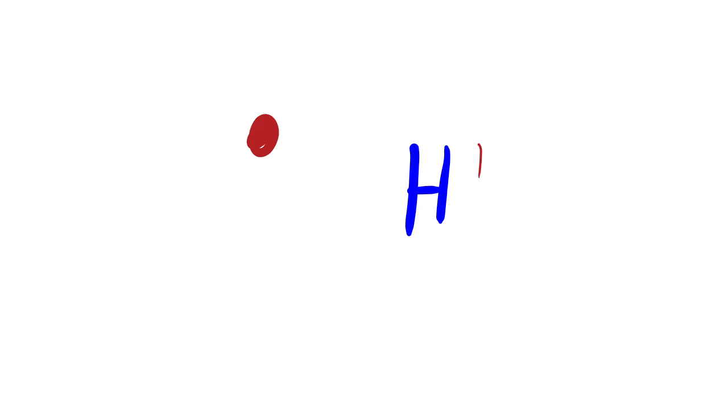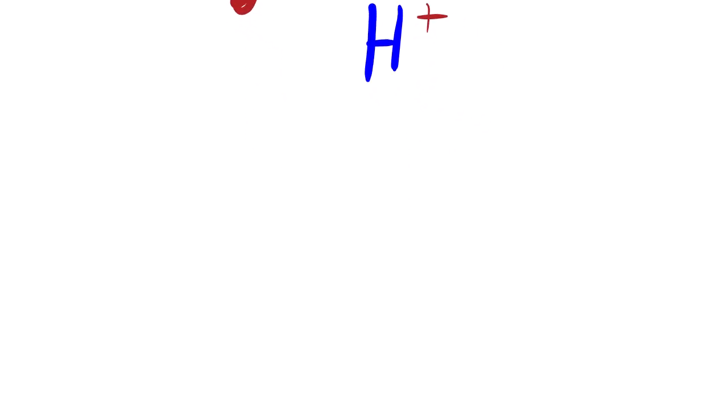It's +1, but now we just leave it as plus. This is ion formation. So anything that will rip off an electron or add an electron will form an ion. This is a positive ion. Let me show you how a negative ion comes about.